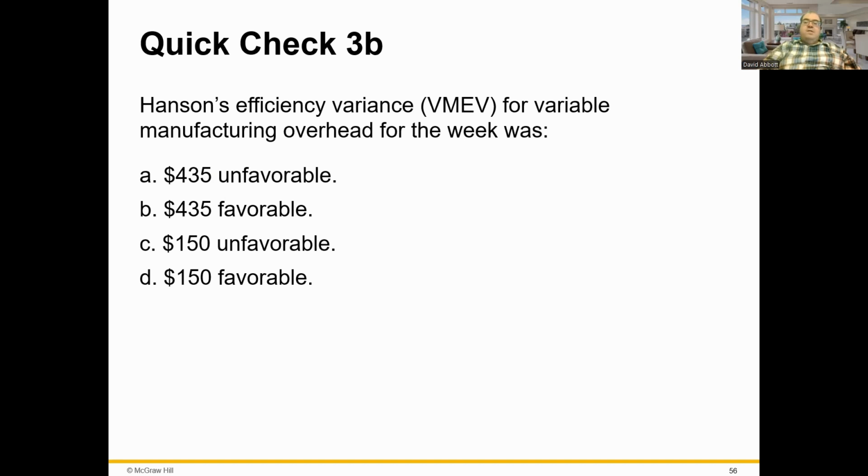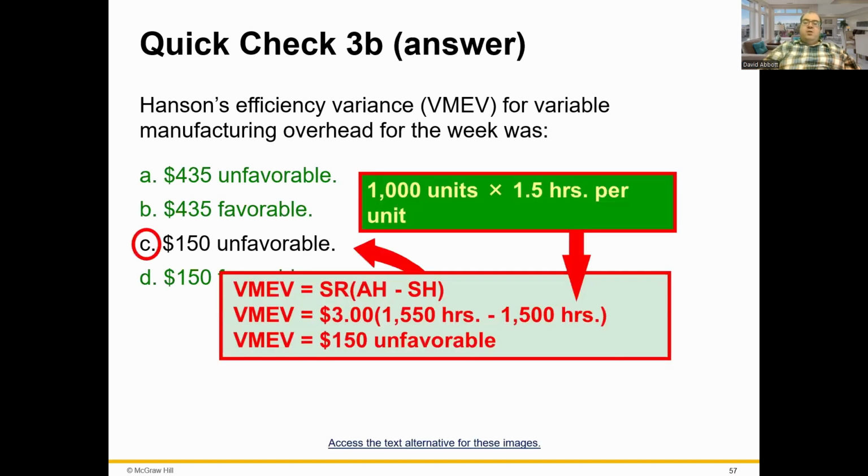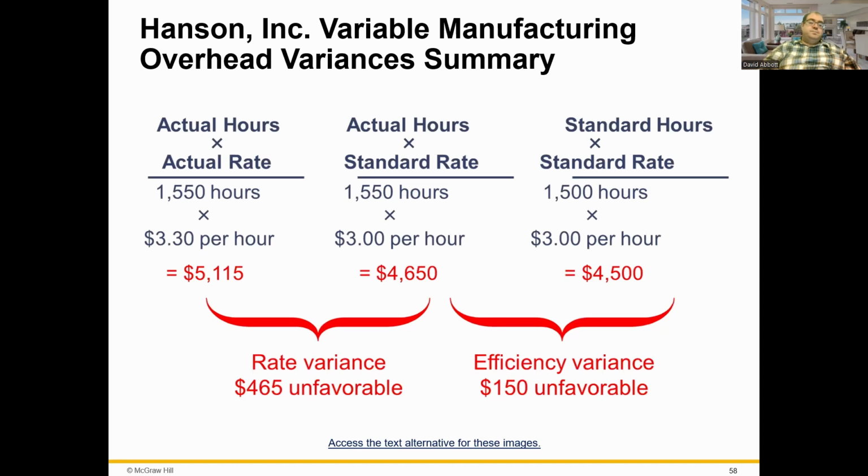And then their efficiency variance for the variable manufacturing overhead is going to be $150 unfavorable. In order to calculate that, you're going to have $3 times 1,550 minus 1,500, or 50 hours. So 50 times $3 is $150. And then we see here how that would be worked out.